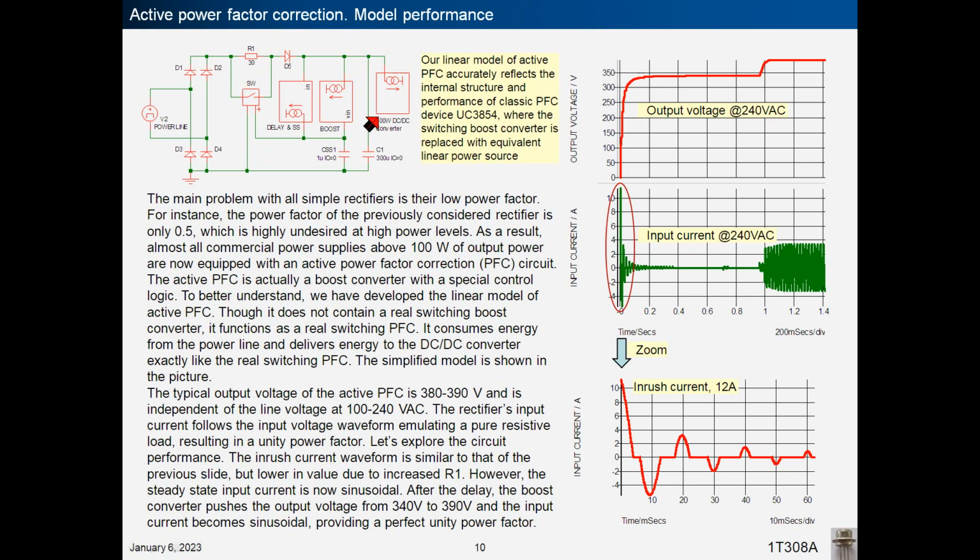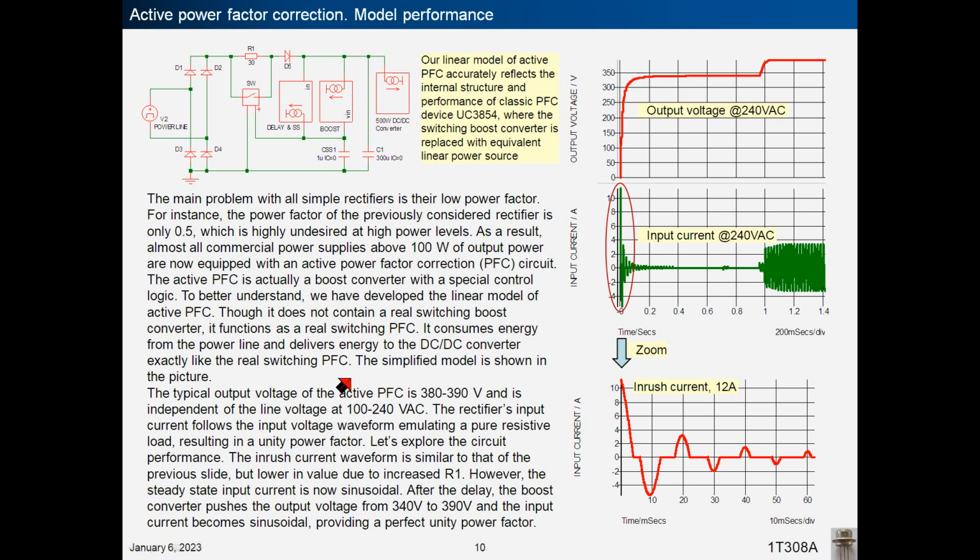Our linear model of active PFC accurately reflects the internal structure and performance of the classic PFC device UC3854, where the switching boost converter is replaced with an equivalent linear power source.